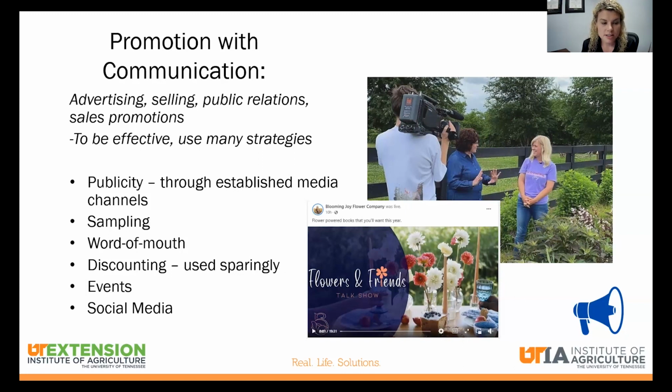We can also think about established media channels. We can put ads in local magazines or newspapers. We can try to get on the local news. And this doesn't all have to be paid. Sometimes you could talk about your event coming up because it is something for your community to enjoy, and you can share about the different flowers and how you got interested in it as an article about your new flower farm.